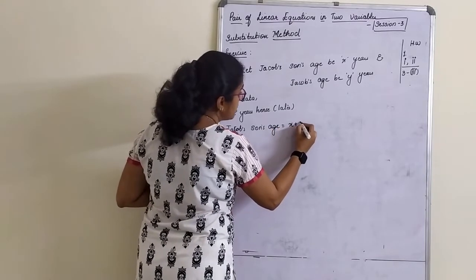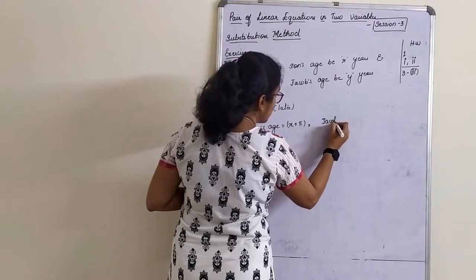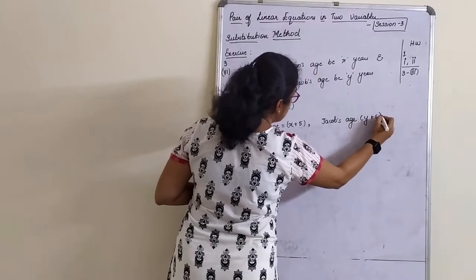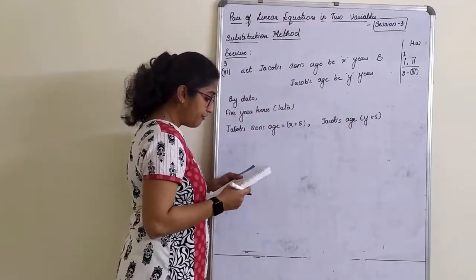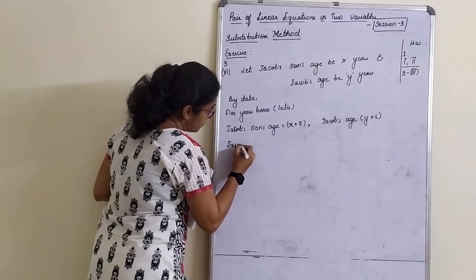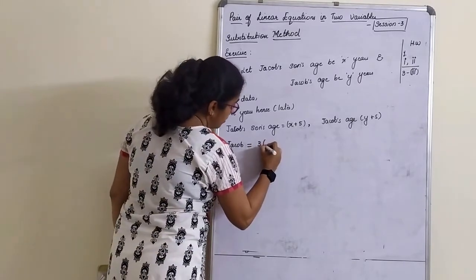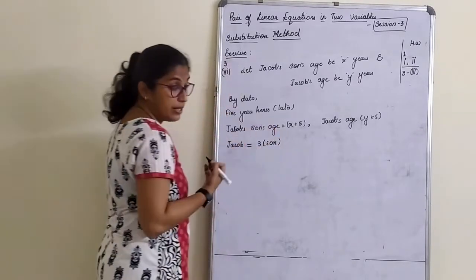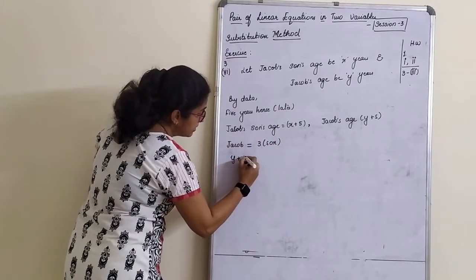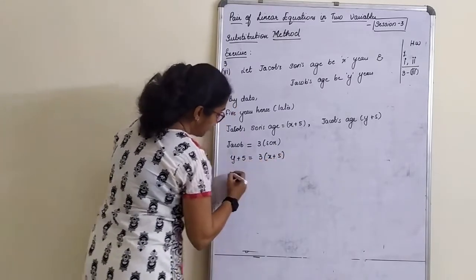That will be x plus 5 and Jacob's age will be y plus 5. According to them, 5 years hence, Jacob will be 3 times that of his son. So, what is Jacob's age 5 years hence? It is y plus 5 is equal to 3 of x plus 5.